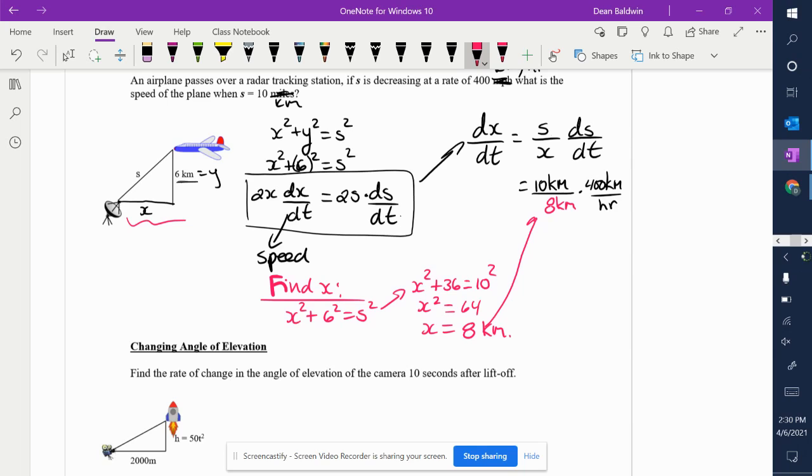So 10 divided by 8 times 400 spits out 500 kilometers an hour. Is that okay for everybody?